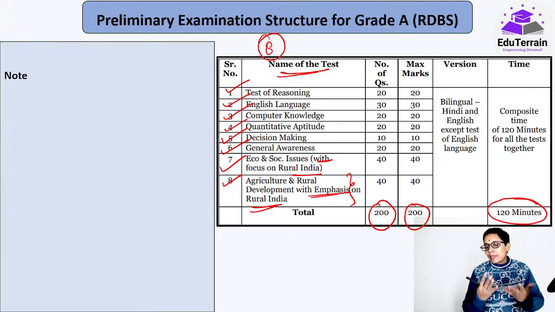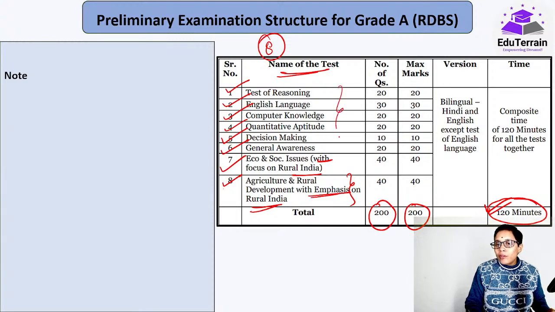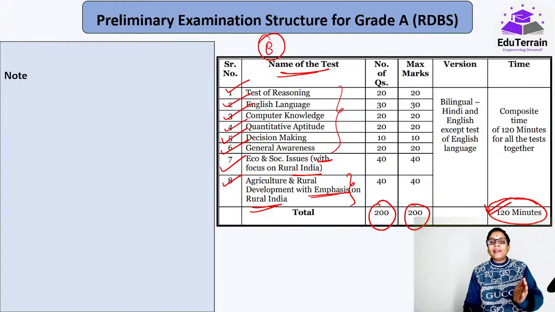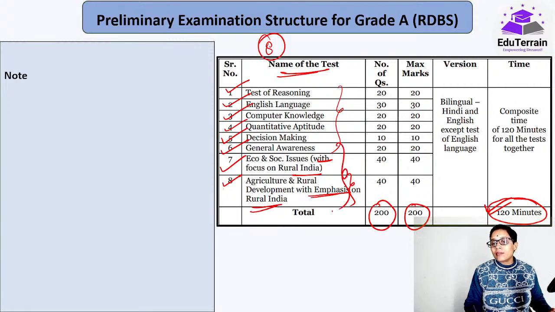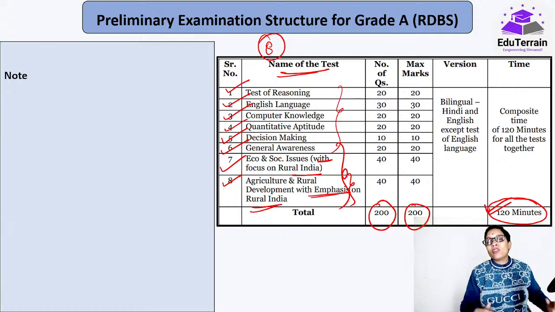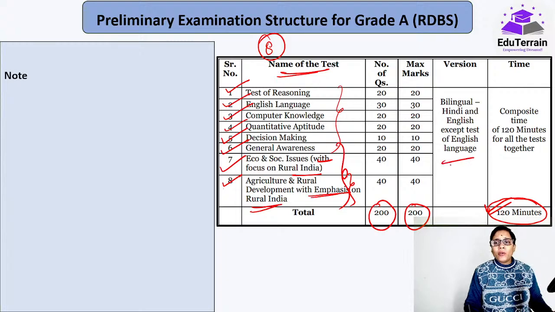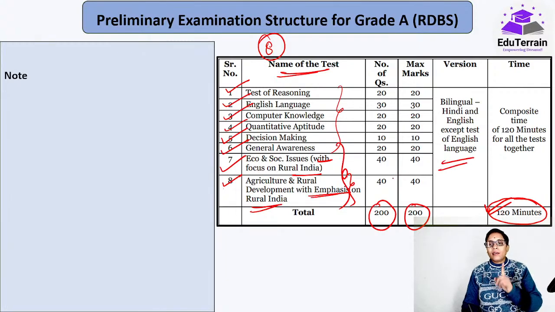So we are not expecting any changes further, but still, till that time it was composite time only. So the use here is that wherever you feel you can do it in a very fast manner, you can dedicate the rest of the time to those sections where it takes more time, or to those sections which help us move further into phase 2. Okay, and it is bilingual, in Hindi and English, except English, which will be completely in English only.